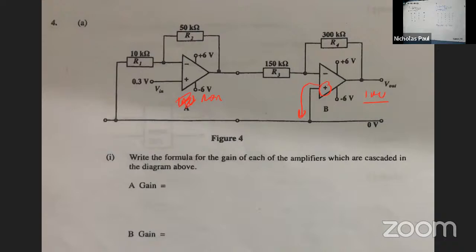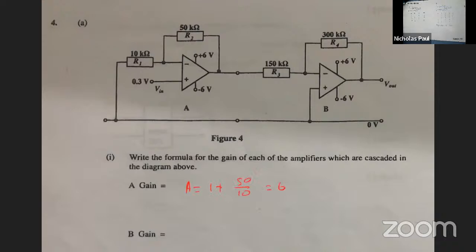Yeah, this is entirely different. We still have one data. So work out the gain for A, work out the gain for B. Gain A, we said a non-inverting, so that'll be 1 plus 50 on 10.